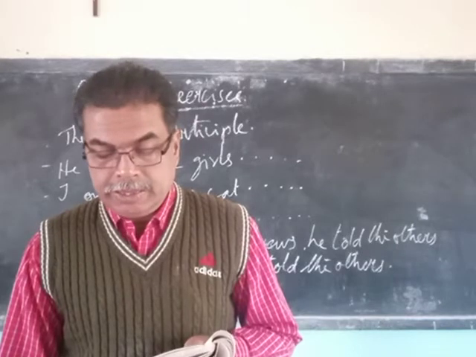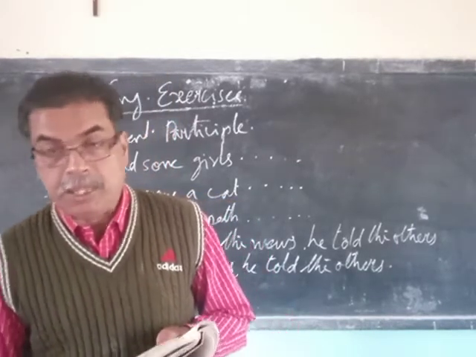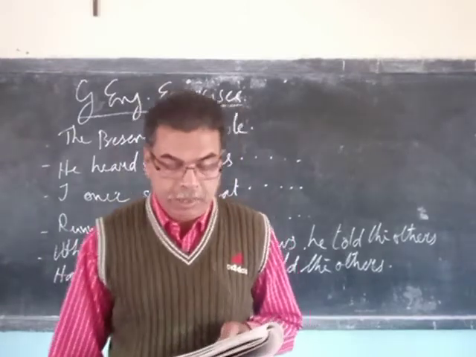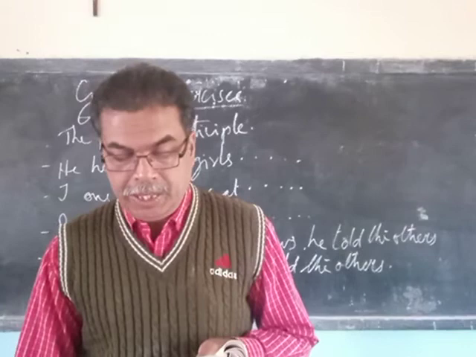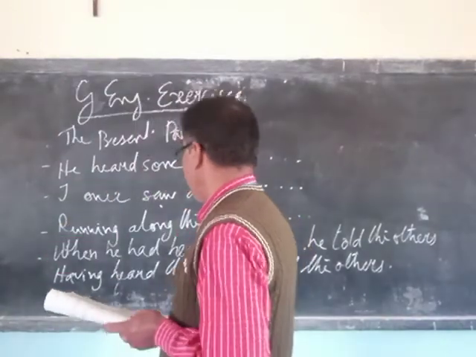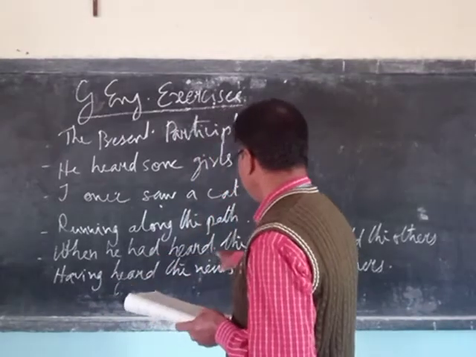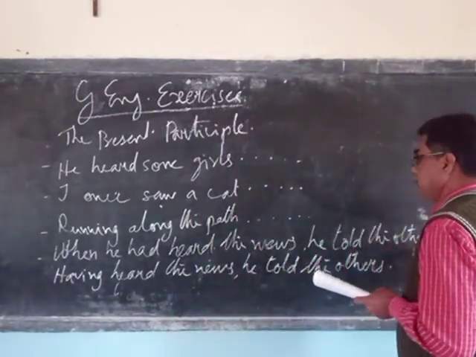A construction that is sometimes useful is having with the past participle. Example: Having finished the work, they went home. When he had heard the news, he told the others.